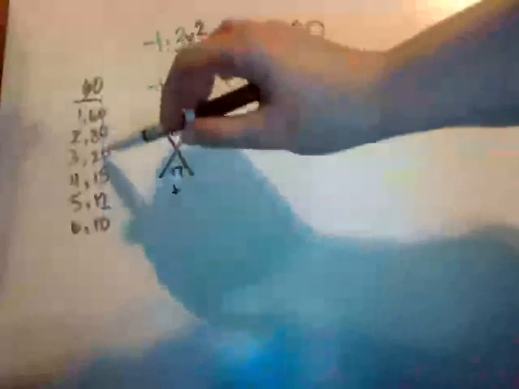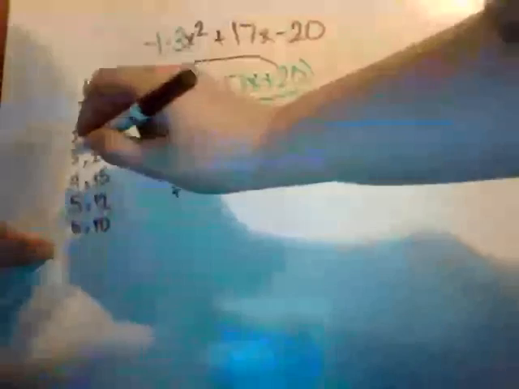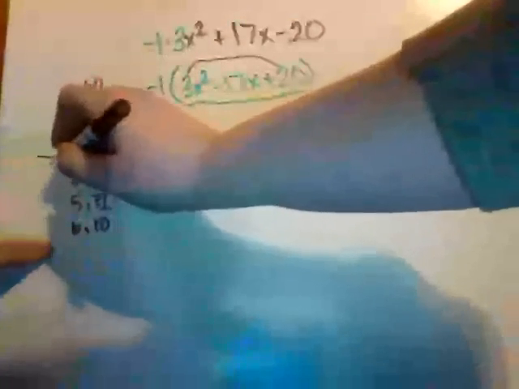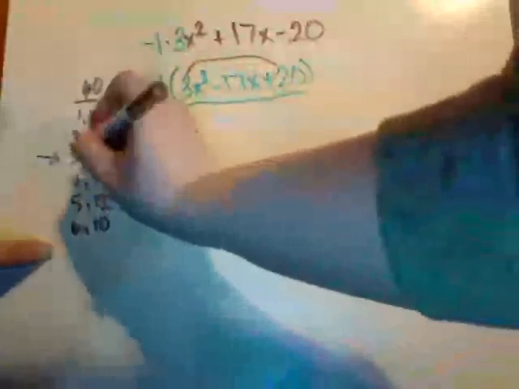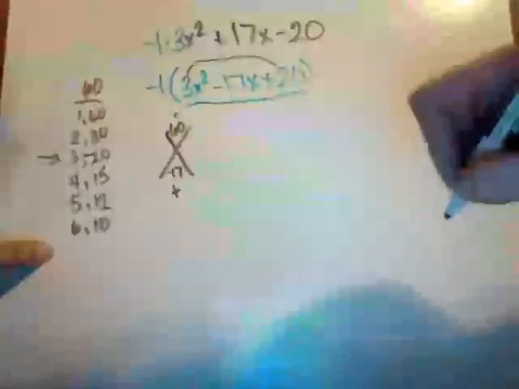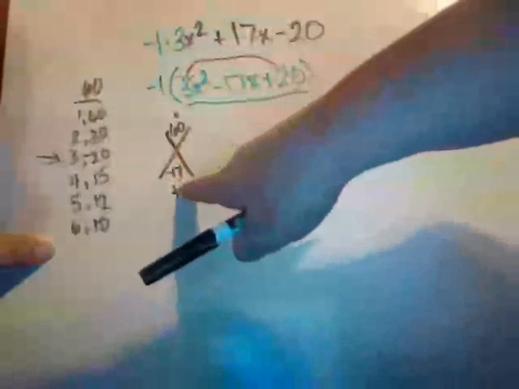Well, the first one that I see that can combine to give me a -17 is the 3 and the 20, right? So the 3 and the 20 can make a -17 if the 3 is positive and the 20 is negative, right? -20, positive 3, that adds to make a -17.